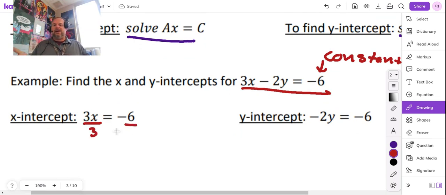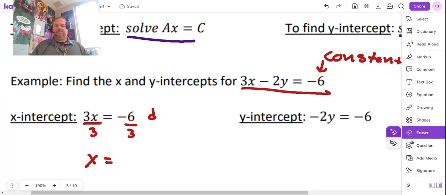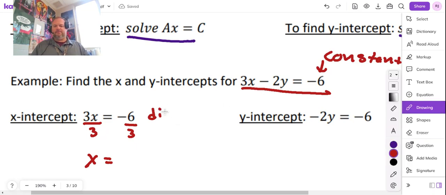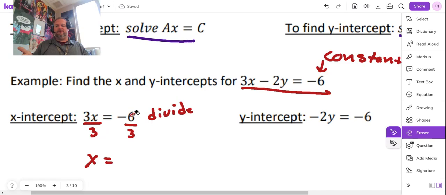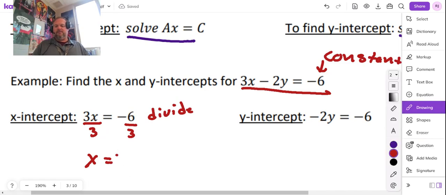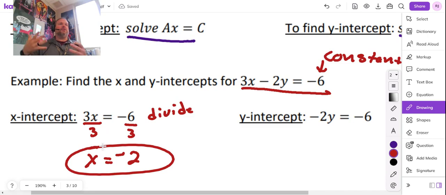I would divide, because 3 and x are being multiplied. We know it's going to be negative because it's a negative divided by a positive. What is 6 divided by 3? 2. That's our x-intercept.